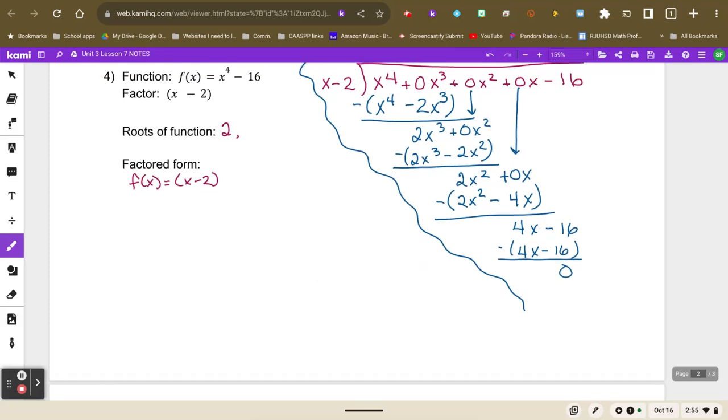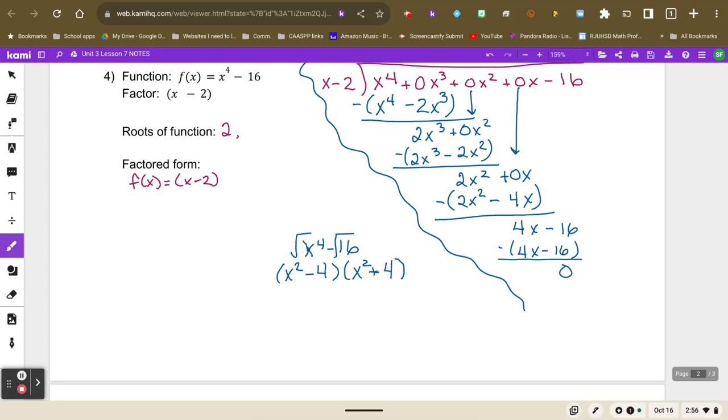So we have x to the 4th minus 16. What we can do is take the square root of both of these. We can factor these, and because it is an even power, we can do this. We can square root this, square root that, and we get x squared, one's going to be a minus, one's going to be a positive, and the square root of 16 is 4.